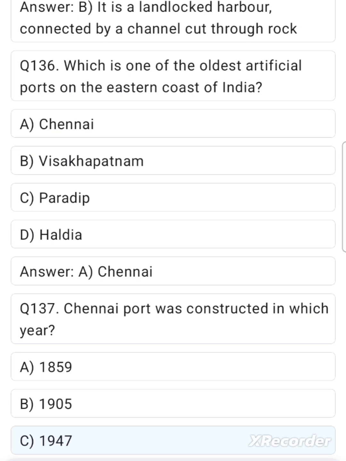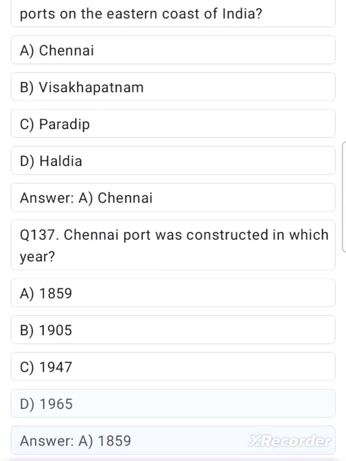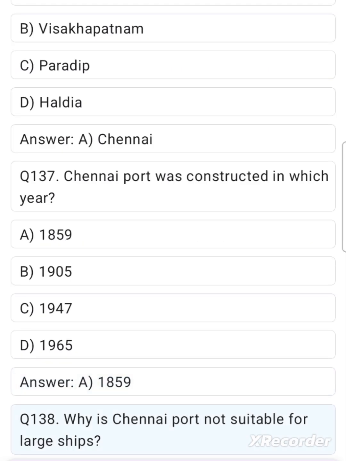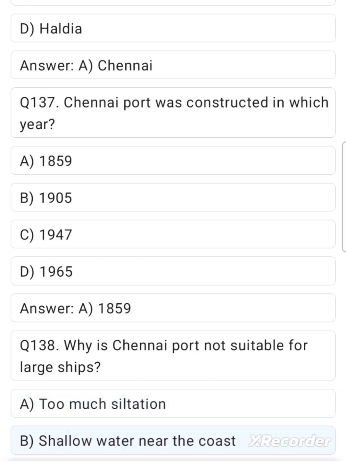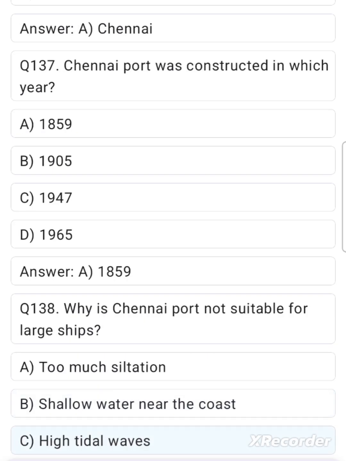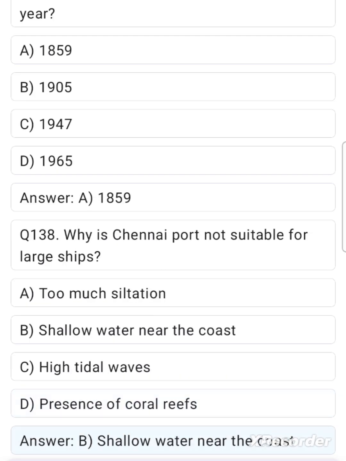C. 1947. D. 1965. Answer A. 1859. Q138. Why is Chennai port not suitable for large ships? A. Too much siltation. B. Shallow water near the coast. C. High tidal waves. D. Presence of coral reefs. Answer B. Shallow water near the coast.